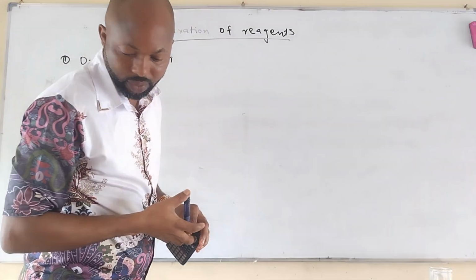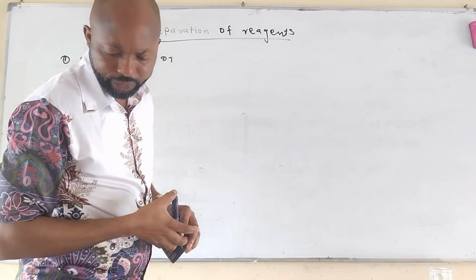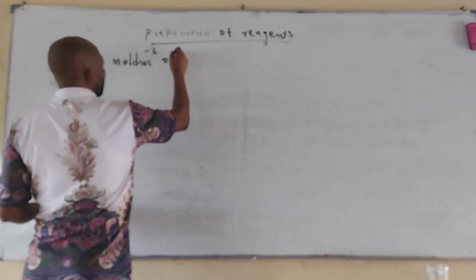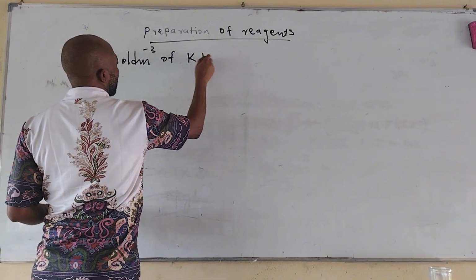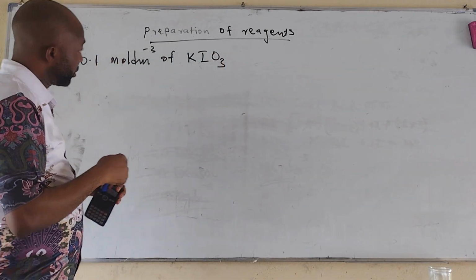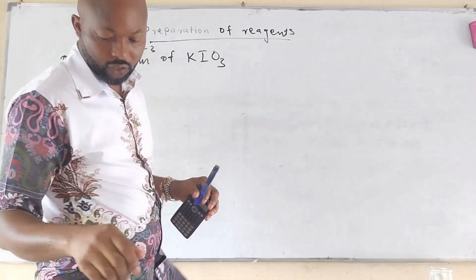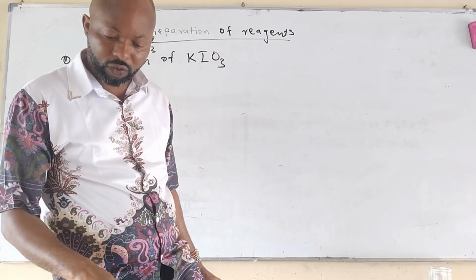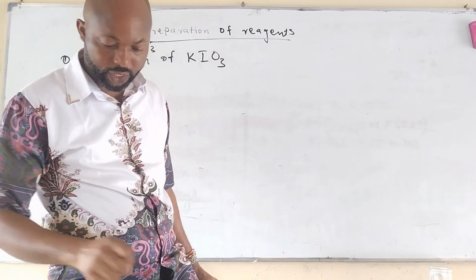That's question number 5. Alright. Question number 5. 0.1 mole per dm³ of potassium trioxoiodate(V).